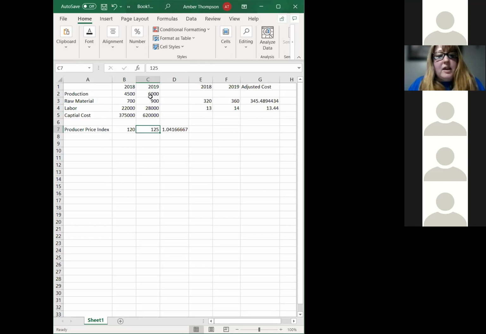It looks like our costs are very different and we might be going out of business. But when we put this producer price index number to it, it's not as doom and gloom as it seems, because our costs went up, but our product value also went up. Does that make sense now?